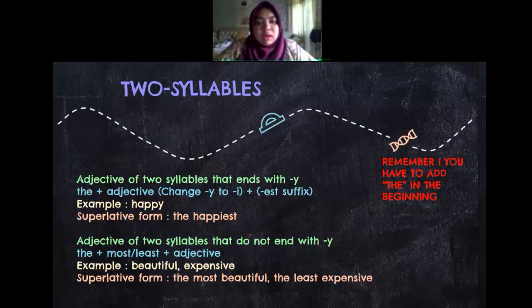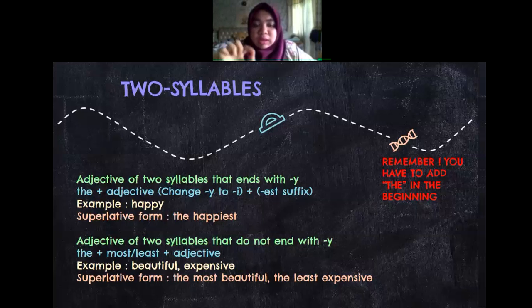For adjectives of two syllables, there are two forms actually. First, adjectives of two syllables that end with y. For adjectives that end with y, you have to change the y at the end of the word to i. For example, happy.